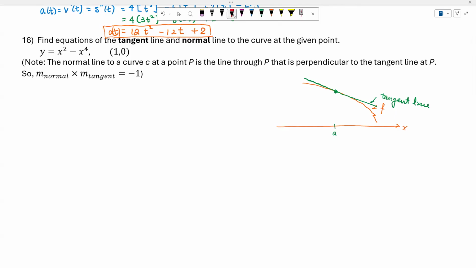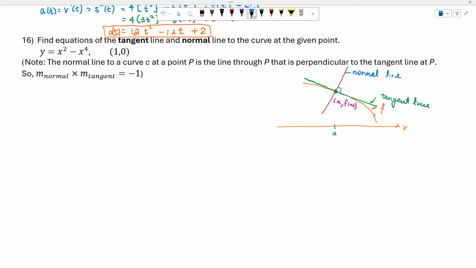Then now, the normal line will be the line that goes through the point. Again, I name this point A, f of A. With these two lines, the tangent line and the normal line, they are perpendicular to each other.